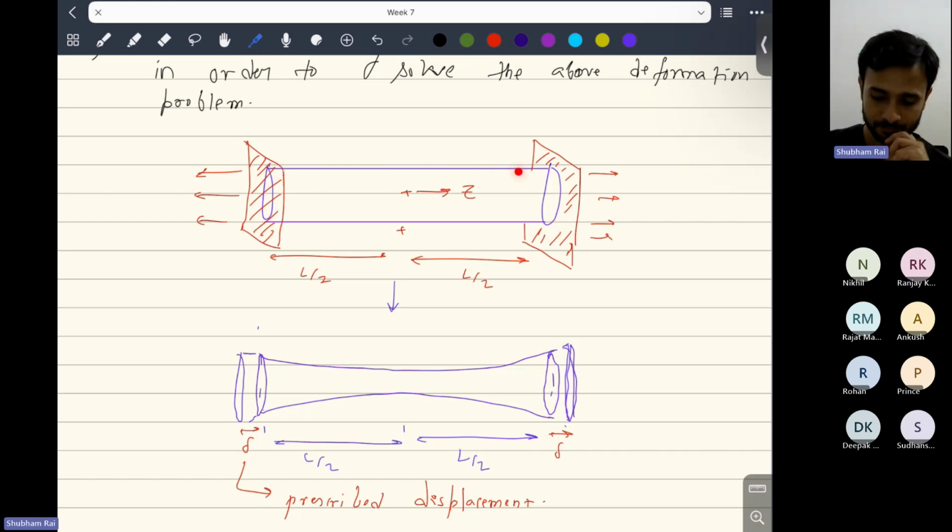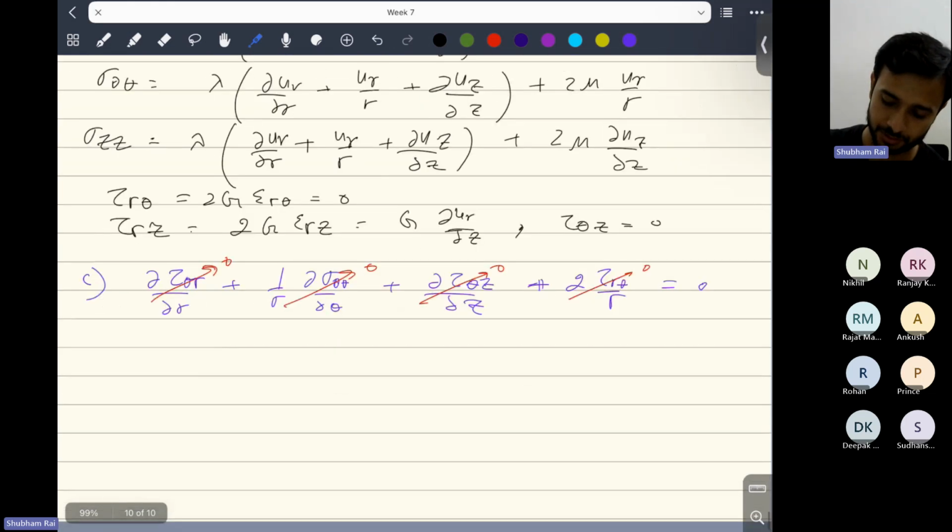So at r is equal to r naught, meaning the outer surface, traction will be 0, meaning your sigma rr will be 0. Okay. And that's all I think. So these will be the boundary conditions. Let me just write these boundary conditions.